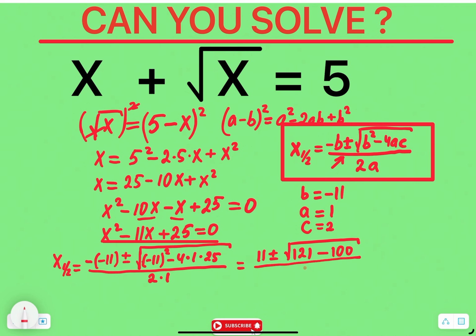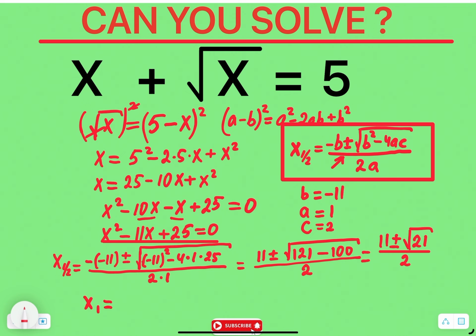Divided by 2, because 2 times 1 is 2. Now let's see what we have: 11 plus and minus the square root of 121 minus 100, which will be just 21, divided by 2.